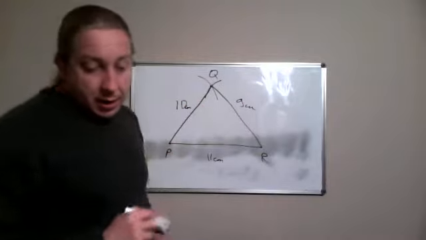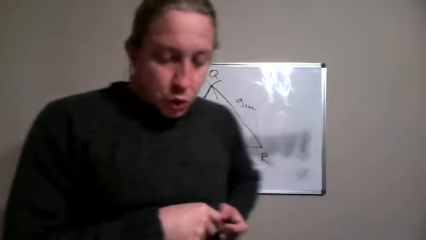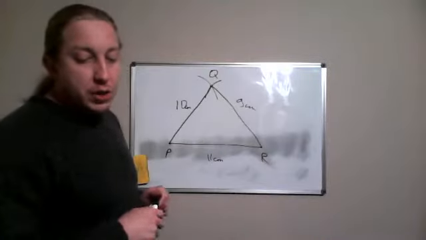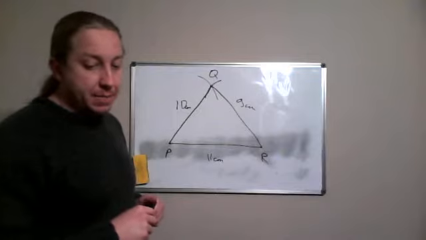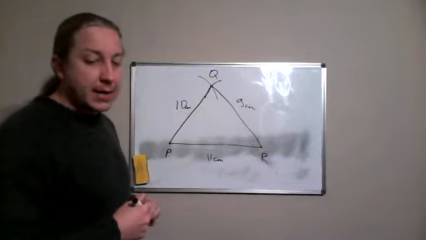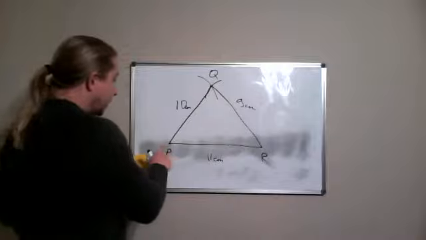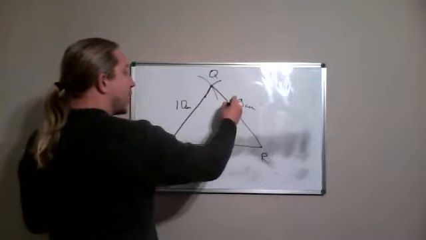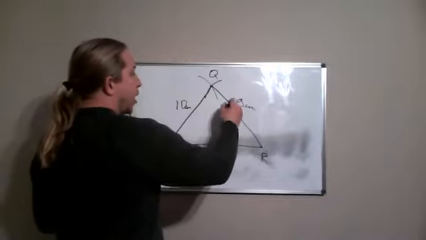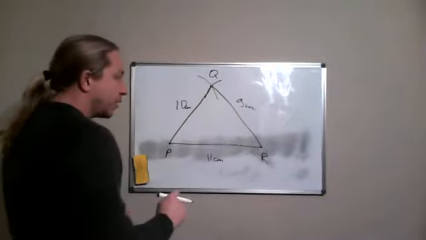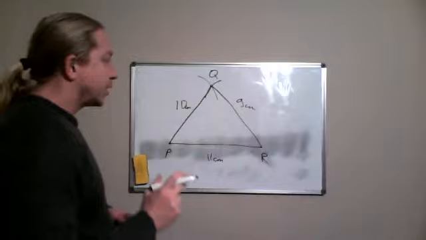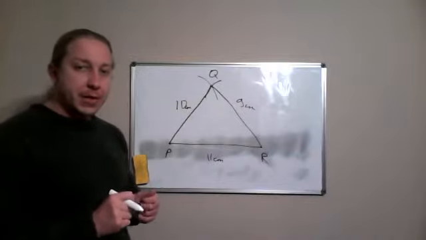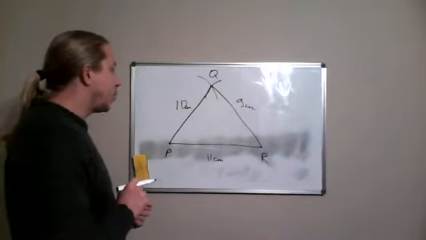Okay. Then they say drop a perpendicular line from P to QR and let it cross QR at A. So P to QR. Here's our P, here's our QR. They want us to drop a perpendicular and let it cross QR at A and continue onwards. This is when we drop a perpendicular from a point. Remember how we do that?